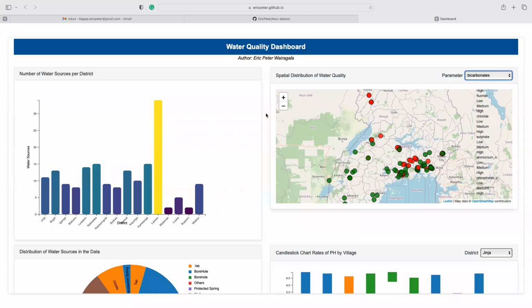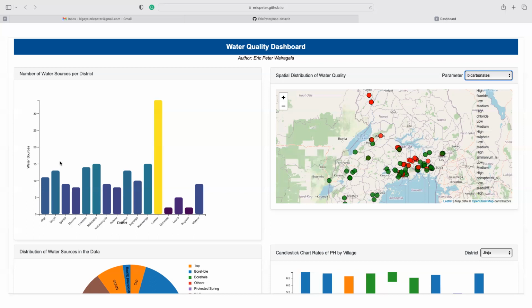Now, here I'm presenting a couple of visualizations to try and make sense out of this data, and one of them is the number of water samples per district. As you can see here, we created a color legend that simply shows how the data points vary between districts, and we realize that the one in yellow-orange shows that the Lamwo district had more data points compared to the other districts.